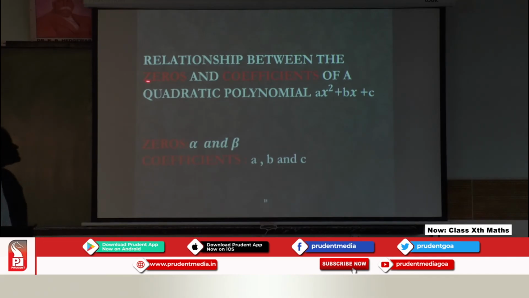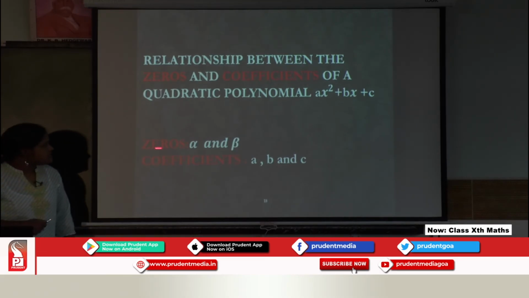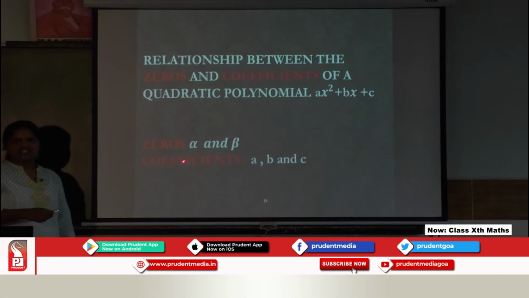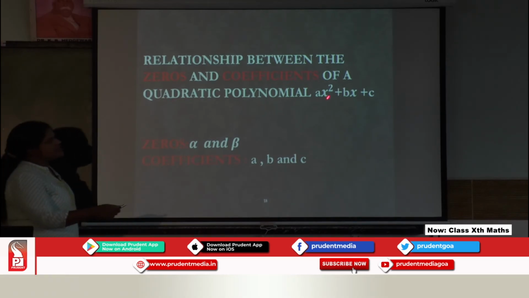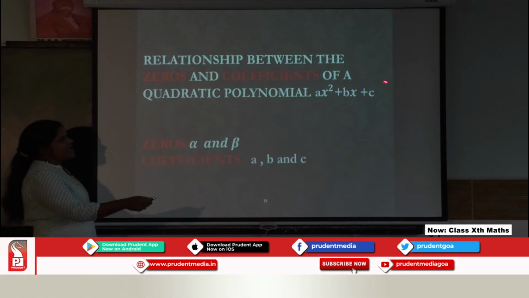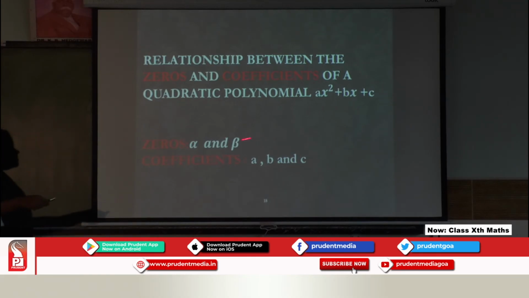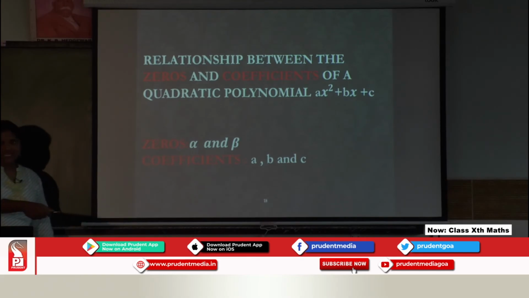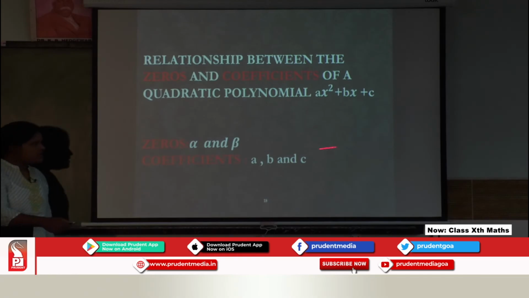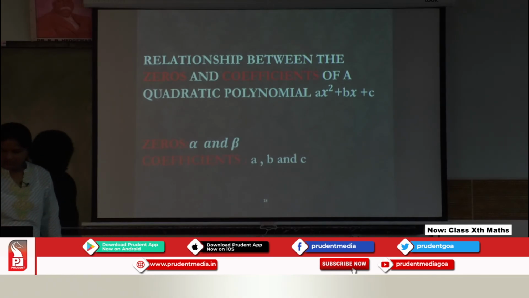As far as the zeros are concerned, we will stick to the notations alpha and beta for these zeros. The coefficients in the quadratic polynomial are a and b, and c is the constant. So we will focus on this only. For all further calculations, we will denote the zeros as alpha and beta and the coefficients as a, b and c. What we are going to learn is the relation of alpha and beta with a, b and c.